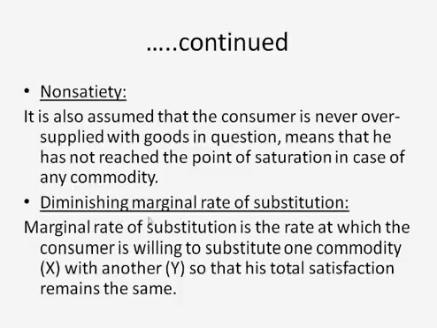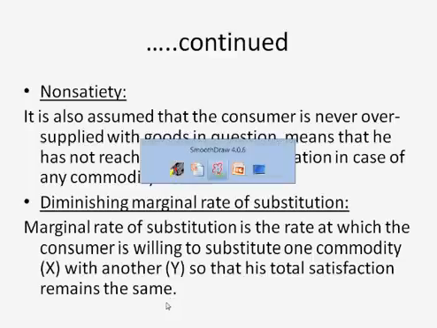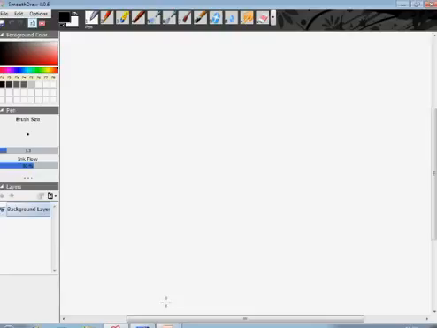Next assumption is diminishing marginal rate of substitution. Now, what is the marginal rate of substitution? Marginal rate of substitution is the rate at which the consumer is willing to substitute one commodity X with another commodity Y so that his total satisfaction remains the same. So the marginal rate of substitution of X for Y will be equal to dy upon dx.